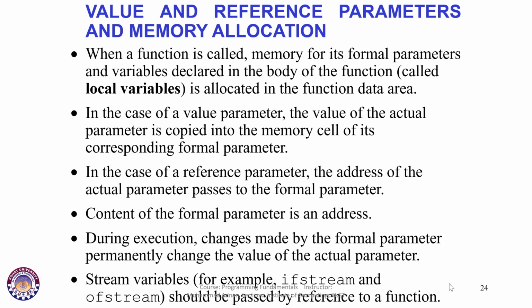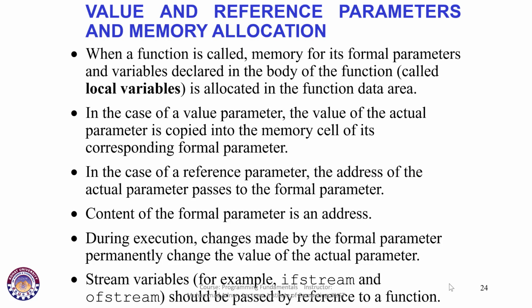Remember, actual parameter is just another name for the variable used in calling the function. So in the case of a value parameter, you make a copy of the actual parameter's value and store that copy in the formal parameter.